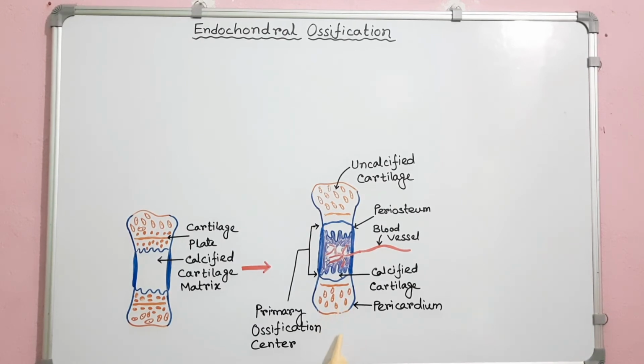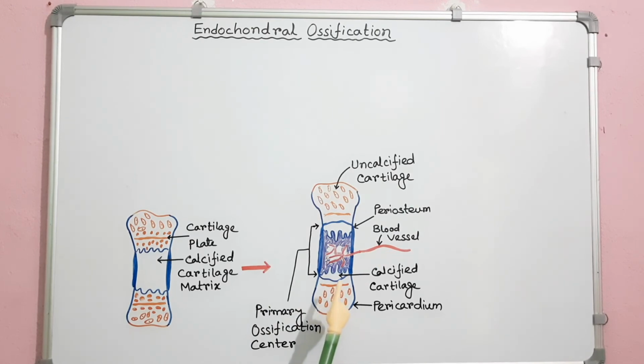As the calcified cartilage breaks down and is partially removed, some remains as irregular spicules. When the osteoprogenitor cells come in apposition to the remaining calcified cartilage spicules, they become osteoblasts.